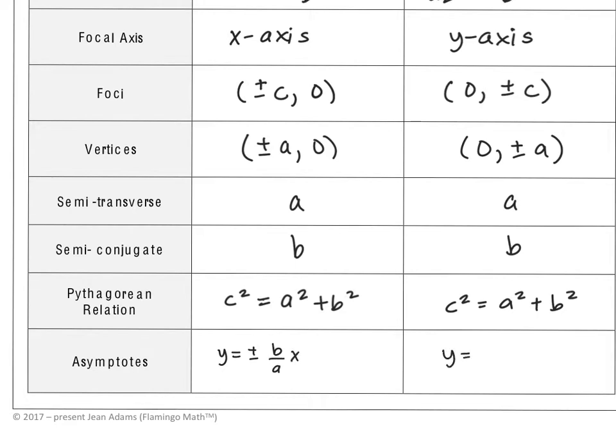This one would be y equals plus or minus a over b x. The reason those are different is because, remember, the slope is always rise over run, so it's the y value over the x value, just depending on whether it's lettered a or b. It really doesn't matter as long as it follows regular slope.